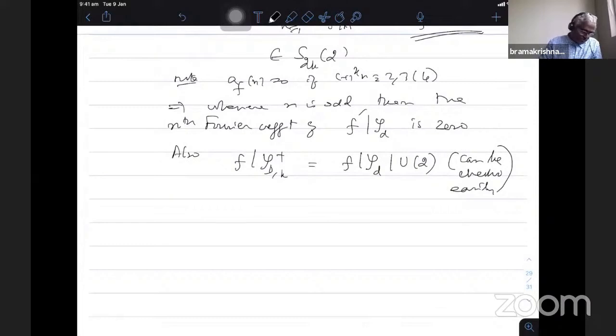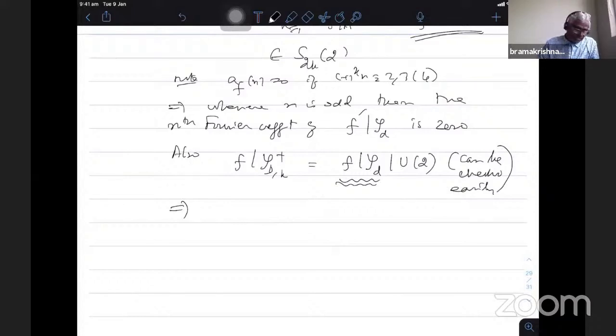So for f bar S_D, the nth coefficient is 0 for n odd. Therefore this function already has the property that its odd coefficients are 0, so it is a modular form. A modular form whose odd Fourier coefficients are 0 can be given in terms of a modular form and z going to 2z.